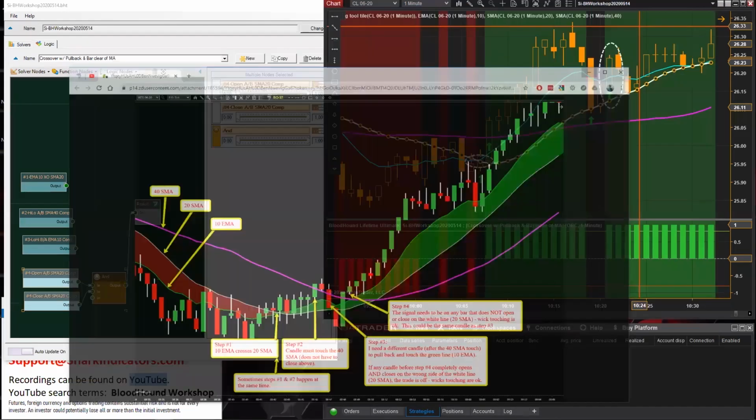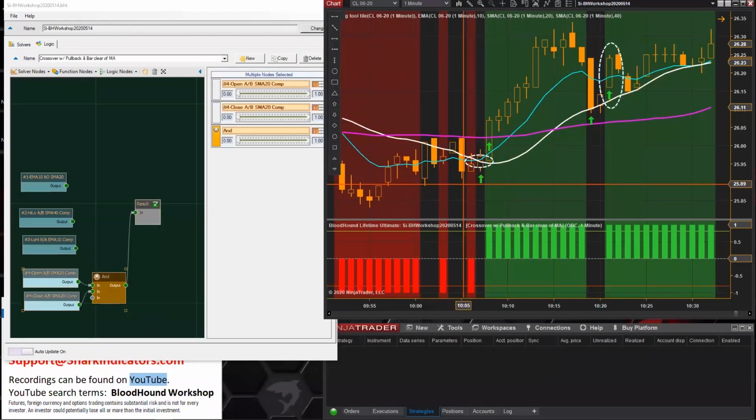In other words, if we get a short, so you see these short signals here, that means the open and the close is below the SMA 20, and that would nullify or cancel out this long setup here. We'll get back to that in a moment.